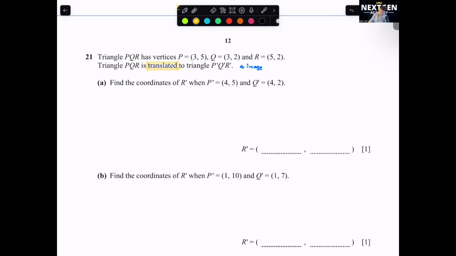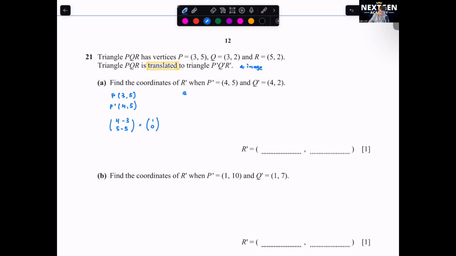From (3, 5), it becomes (4, 5). So what will be the calculation here? The translation will be 4 minus 3, 5 minus 5, which is (1, 0). That means it moves to the right by 1 unit.